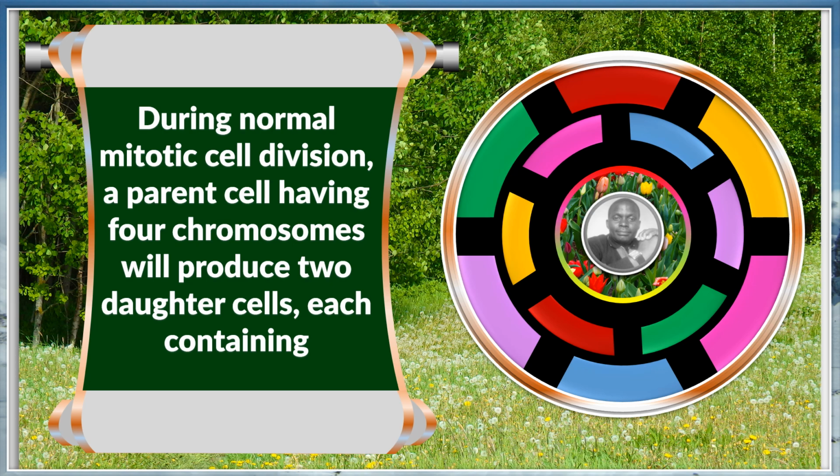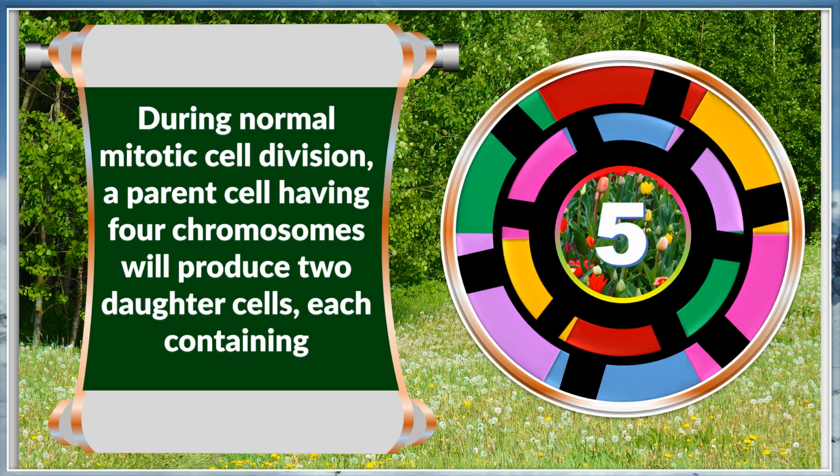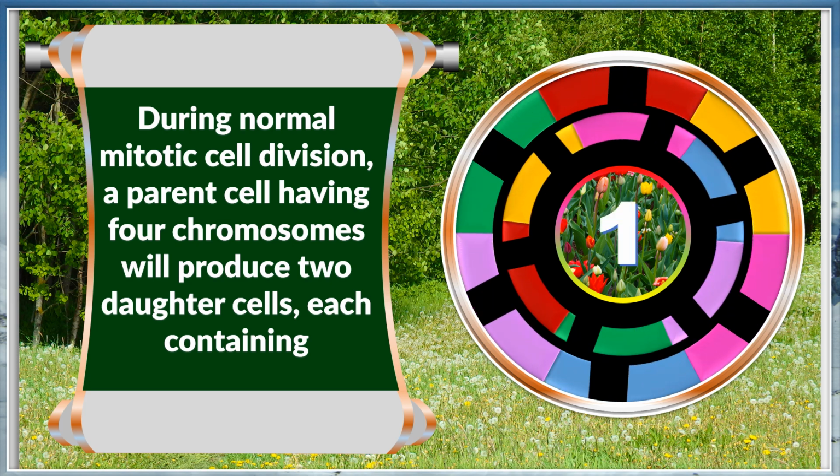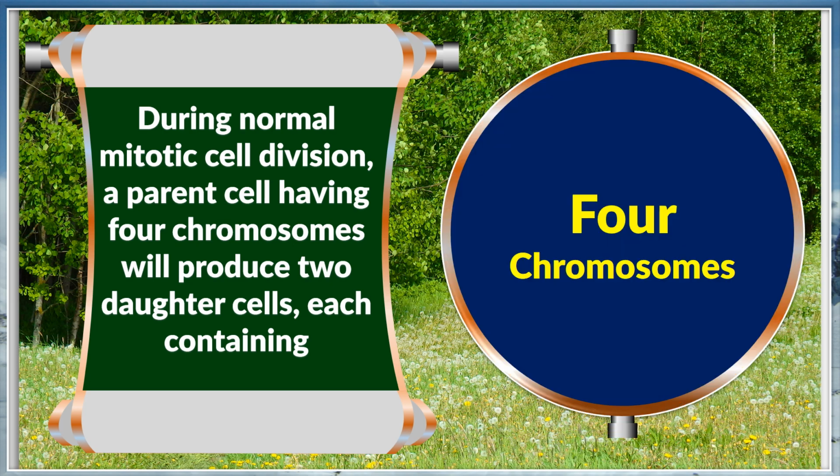During normal mitotic cell division, a parent cell having 4 chromosomes will produce 2 daughter cells, each containing four chromosomes.